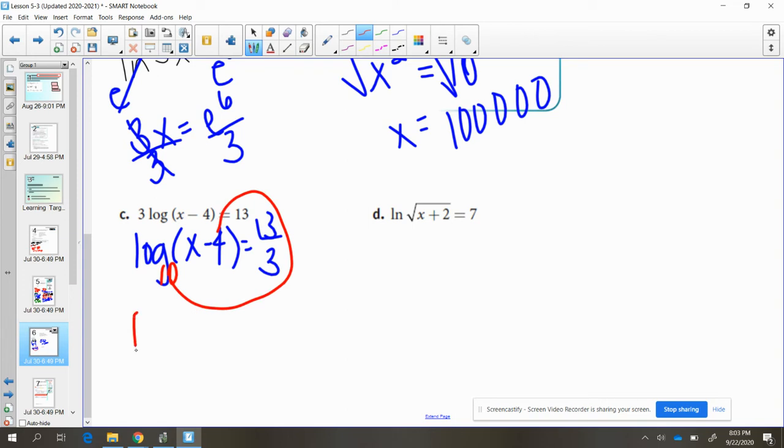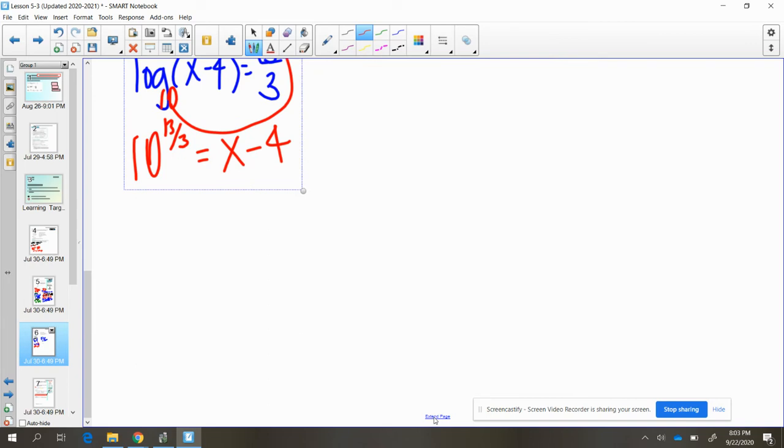If we rewrote this, 10 to the 13/3 power equals x minus 4. And we could do 10 to the 13/3 plus 4 to get our x value.